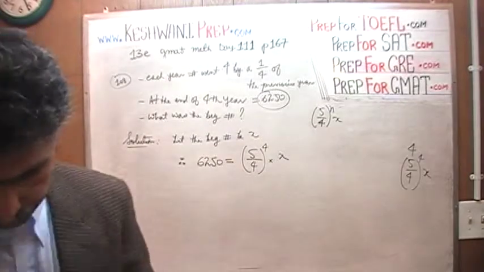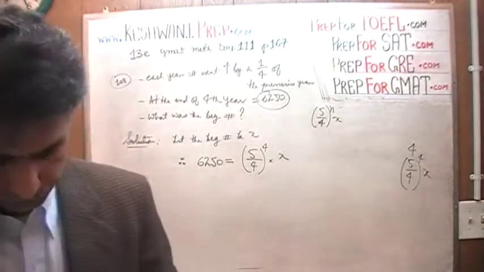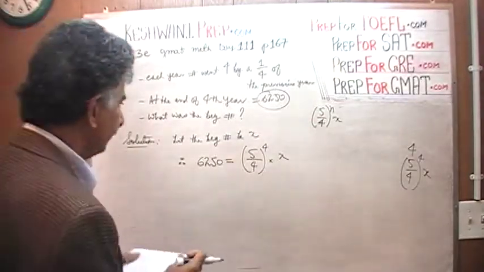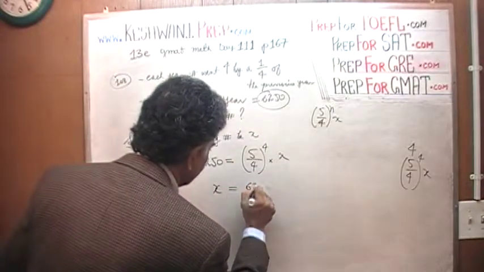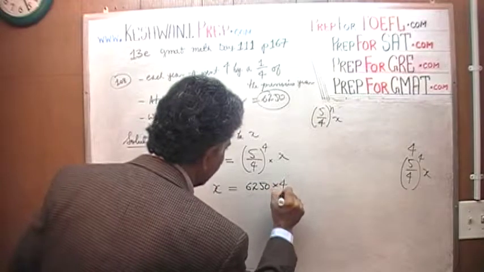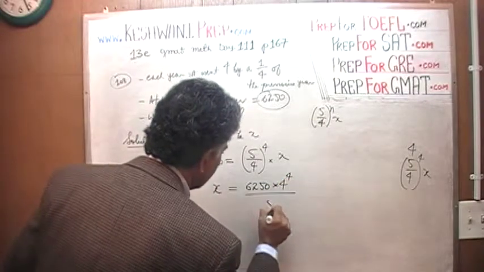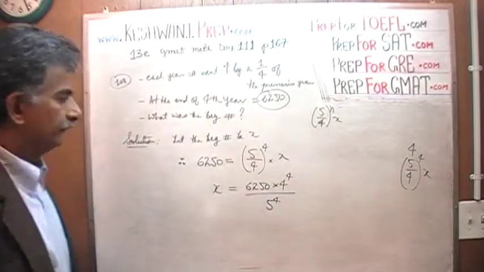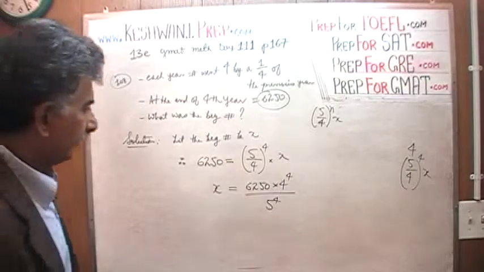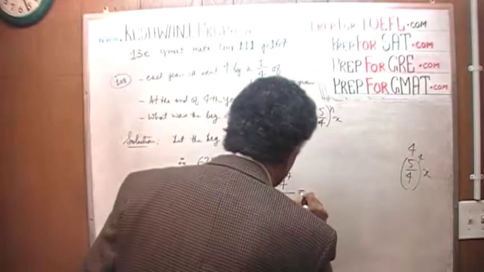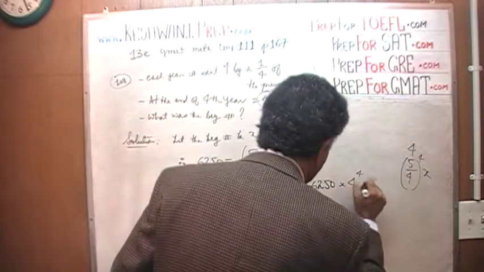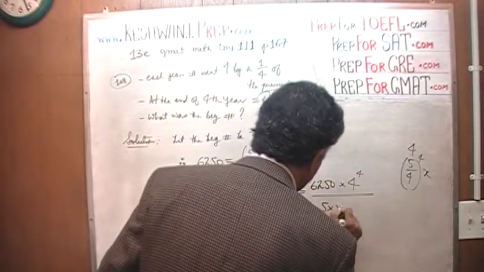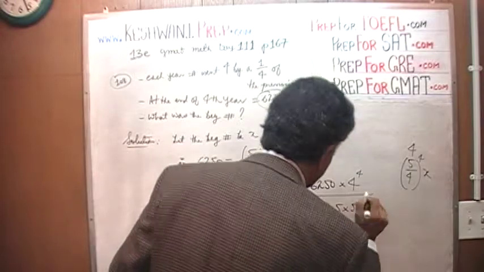Which means x equals 6250 times 4 raised to 4 over 5 raised to 4. We're almost there. 5 raised to 4 can further be written as 6250 times 4 raised to 4 over 5 times 5 times 5 times 5.